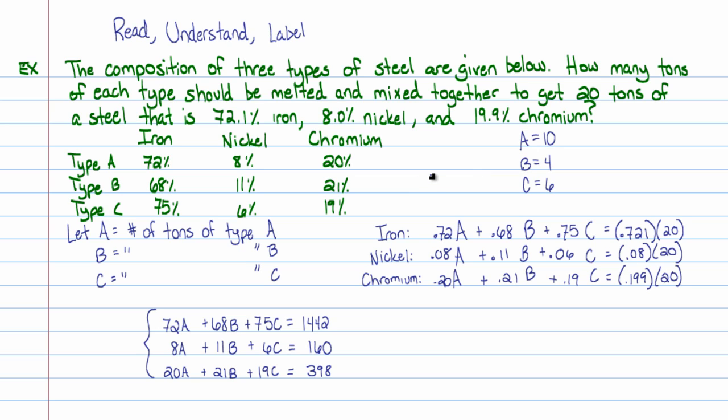If I want to make a steel mix that's 20 tons, such that that steel is made up of 72.1% iron, 8% nickel, and 19.9% chromium, I'm going to mix 10 tons of steel type A with 4 tons of steel type B with 6 tons of steel type C. Notice that A plus B plus C equals 20.